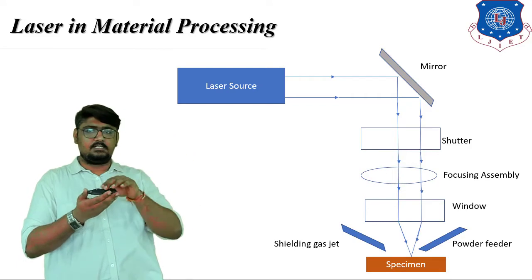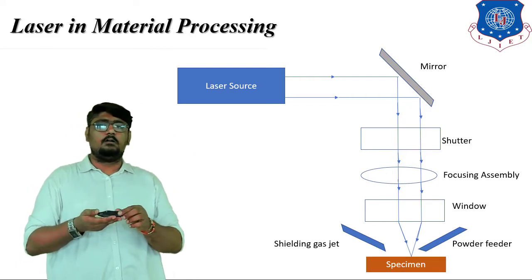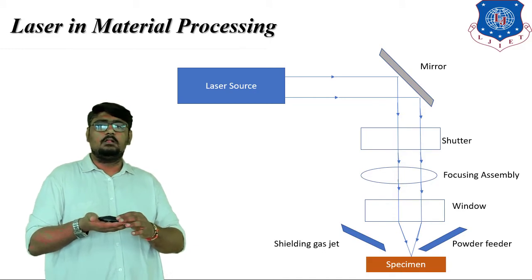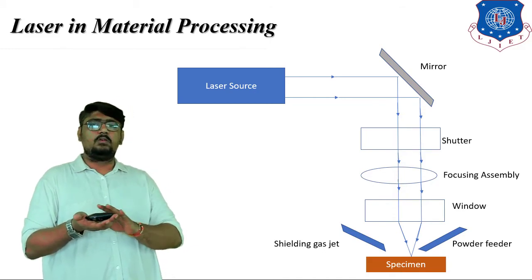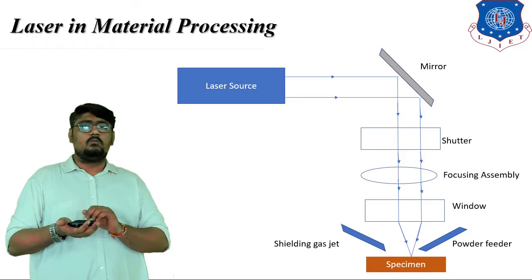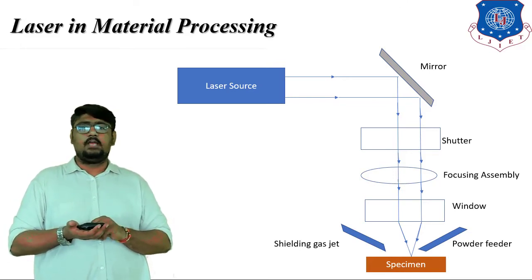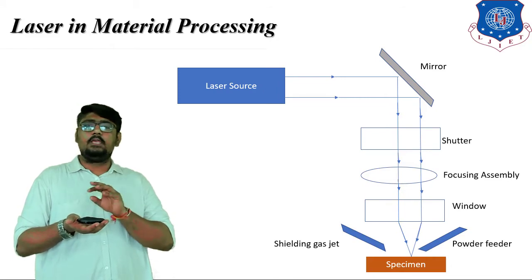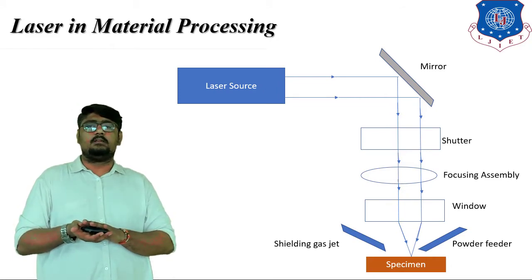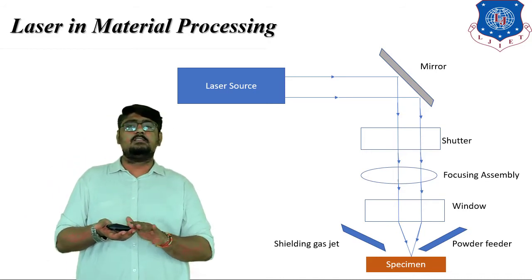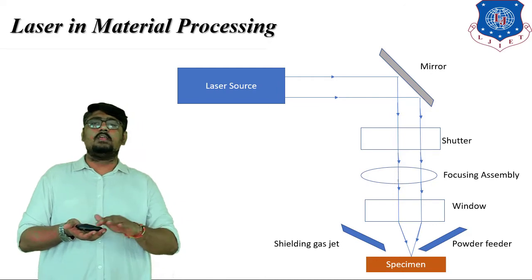Consider this is a material, the iron metal, cast iron metal. Only the powder is to be coated on the surface. What needs to be done? The surface is to be melted, and thereafter powder is to be spread on that, so that the melted iron will combine with that powder, and on cooling the coating is achieved.